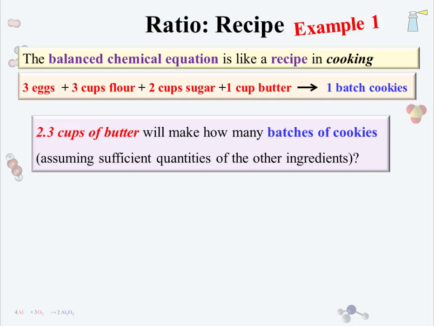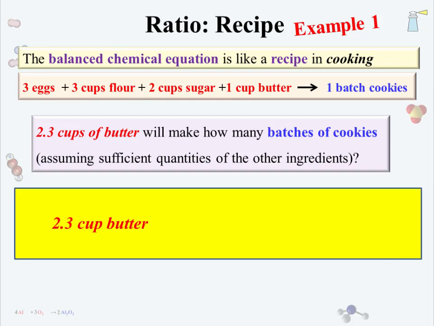An important factor this question points out is that quantities of the components can be given at any value and are not limited to the values in the recipe. Butter need not be given at 1 cup. Like the balanced chemical equation, the recipe simply gives a numerical relationship between the components. This is a conversion problem.